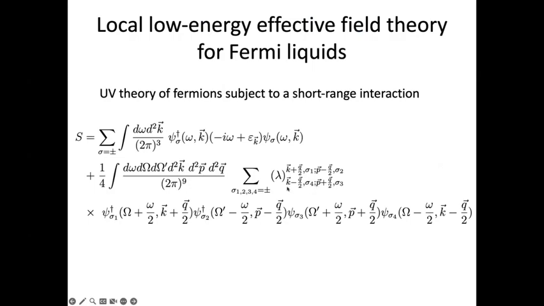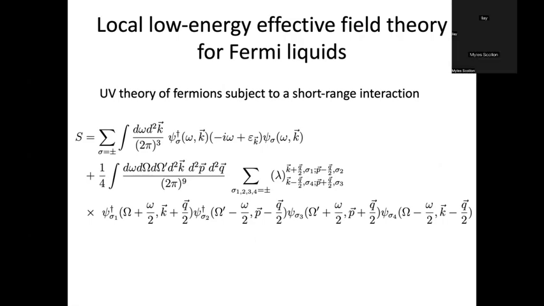So here I have two momentum indices in the four-fermion coupling function, where the lower two momenta are the momenta of the incoming electrons, and the upper two momenta are those of the outgoing electrons with spin sigma 1 to sigma 4. Okay, and for a local theory, this interaction must be an analytic function of those momenta.